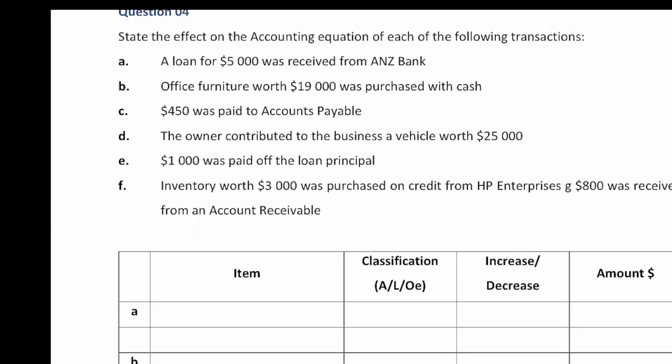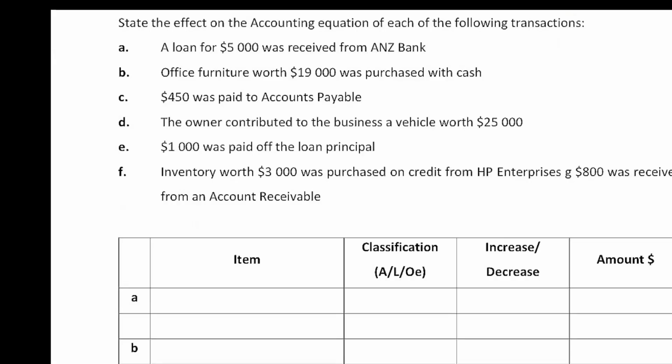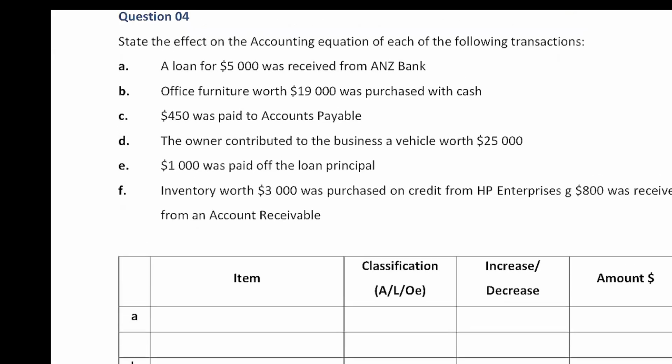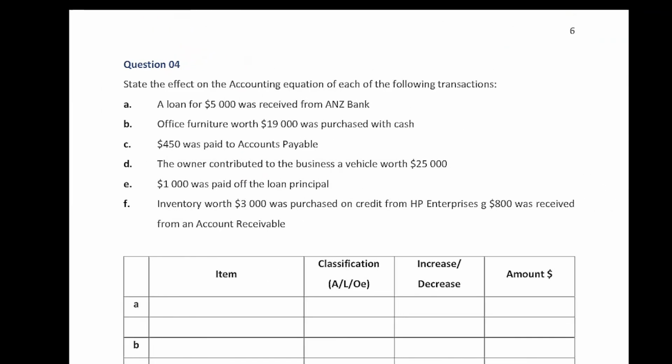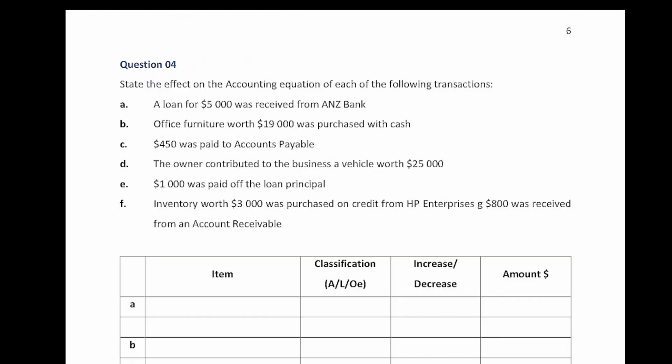Okay, guys. Now this is something that we have to do, which is also important for our double entry. When we do double entries, this is going to be important, so we'll do this one together.